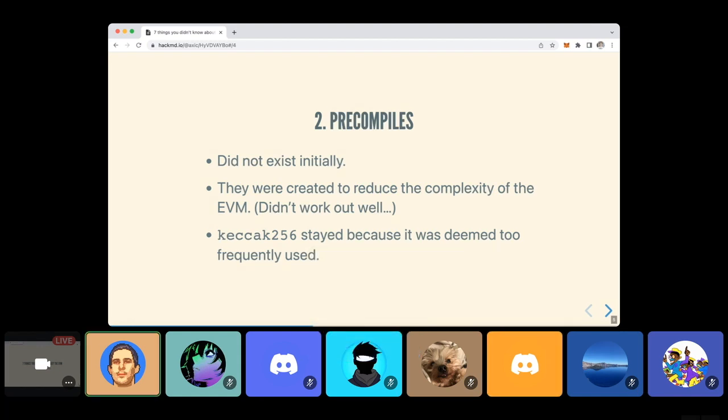And of course, one example is how do you actually do any kind of storage access or mappings? You would use some kind of hashing function, of course Keccak in the EVM, in order to calculate a storage location. So indeed, this decision was correct in the sense that it is a really frequently used opcode.